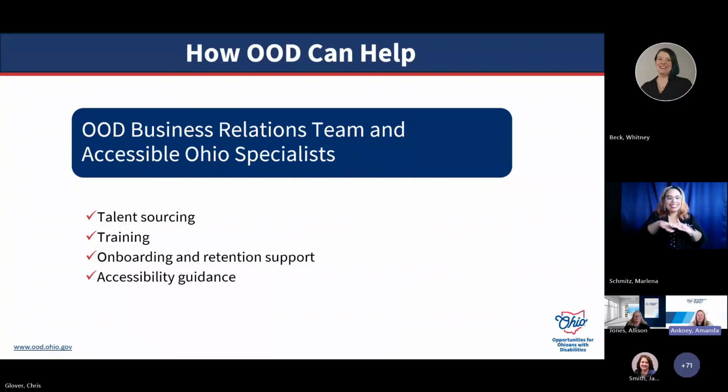You can find your region's business relations team by visiting ood.ohio.gov and navigating to the For Employers page. A link is being shared into the chat. And best of all, OOD services are provided at no cost to employers, making it a practical and impactful resource for building a more inclusive workplace.